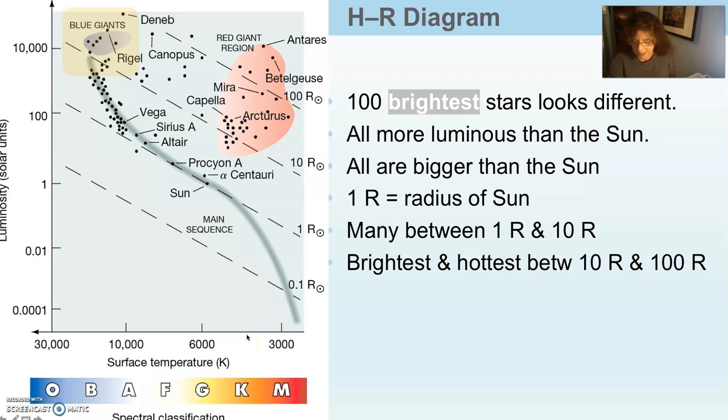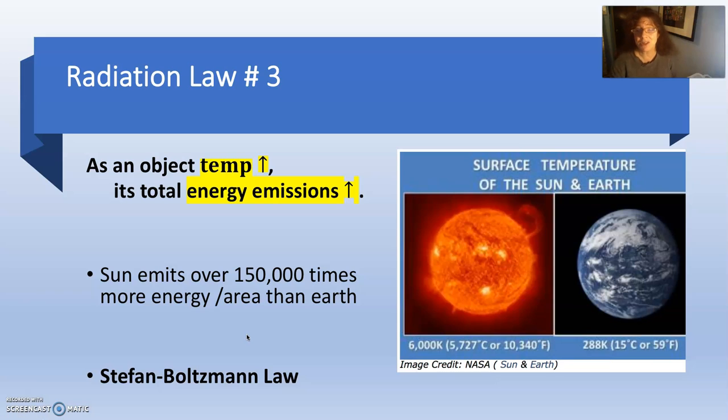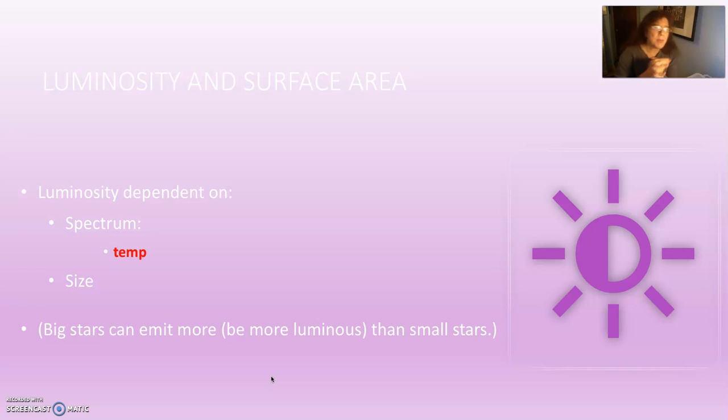So this is bringing in some different classifications, and of course you know by the Stefan-Boltzmann law that we discuss more, that as a star's temperature increases, its total energy emissions will increase as well. So that when you have an enormous star, it has a higher chance of having a high temperature and more emissions. And in fact, I think I'll change up that slide a bit.